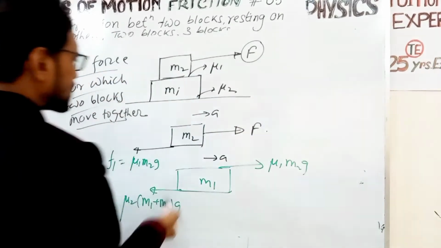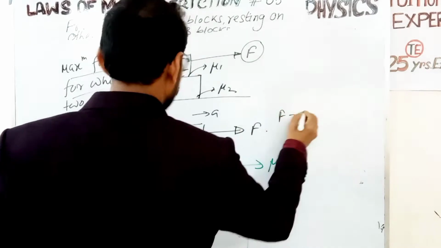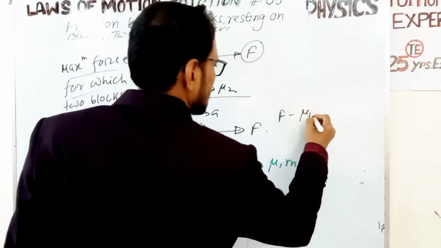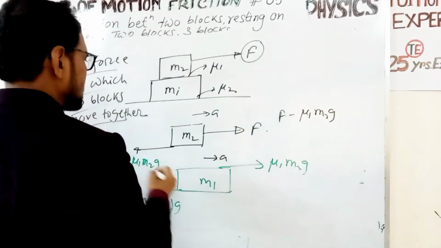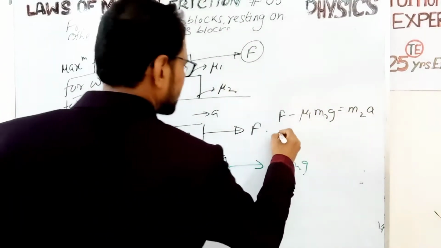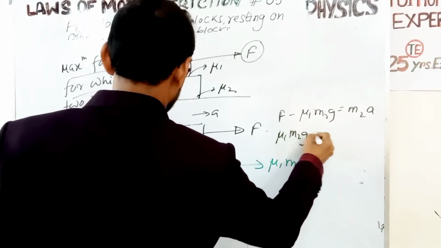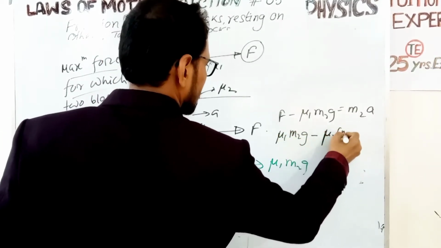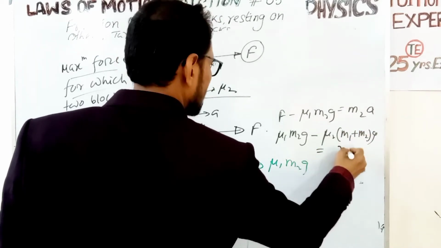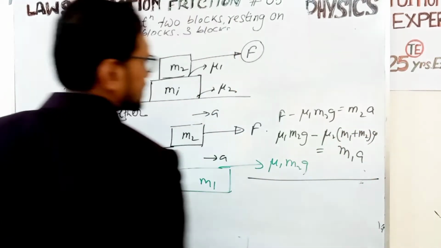Now write the equation of motion here. F minus this equals M2 A, and for this, friction equals M1 A. Now write this equation.